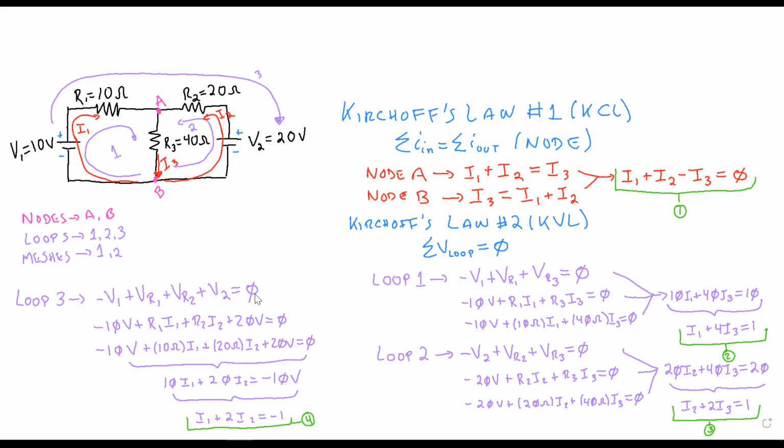Let's see what it gives us. So this would be the solutions. This would be the values of the currents. I'm going to write them down in another color, over here in green.